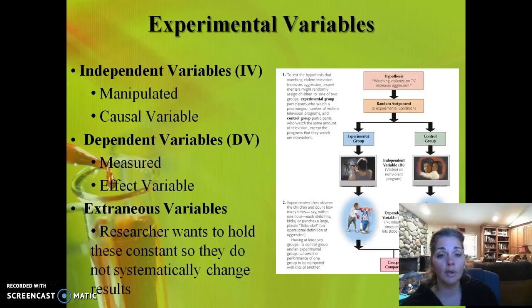In this case, I'm going to put them in a room and see how they interact with the doll. And I'm going to see if the control group beats up the doll as much as the experimental group. If the experimental group is much more aggressive after the study, then I can conclude that my independent variable, or the violence within the television shows, is what caused the higher aggression levels.